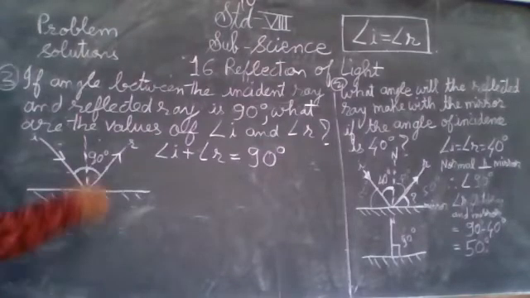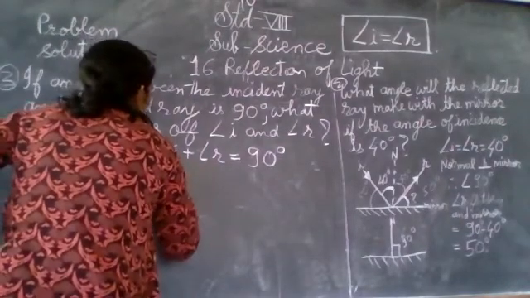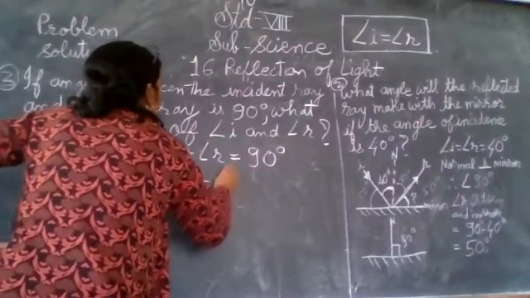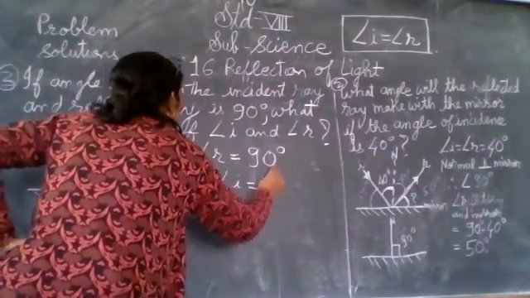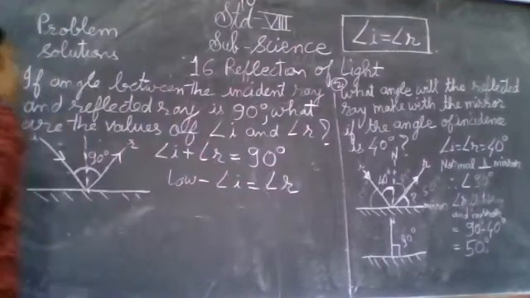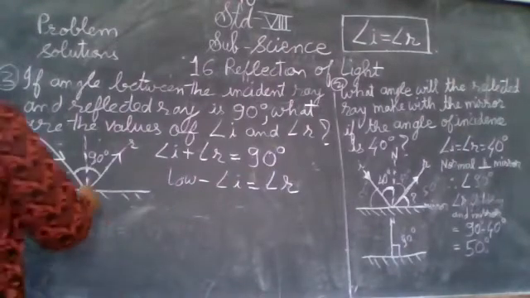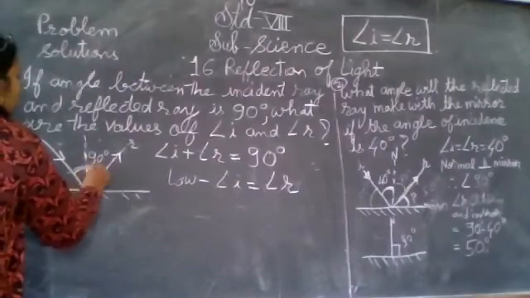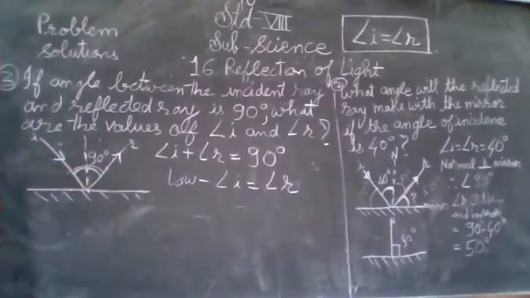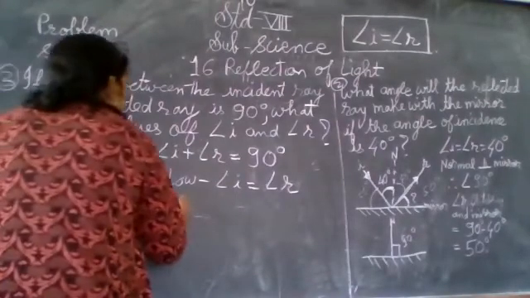But according to the law of reflection, angle I is always equal to angle R. Therefore, this 90 degrees will be divided into two equal halves and I will get angle I as well as angle R. Isn't it?